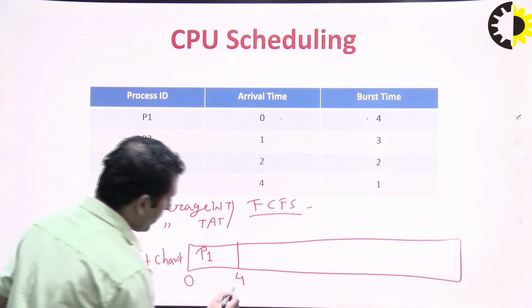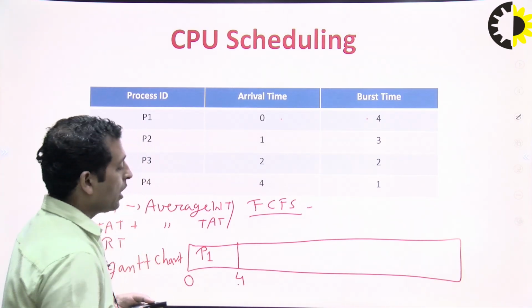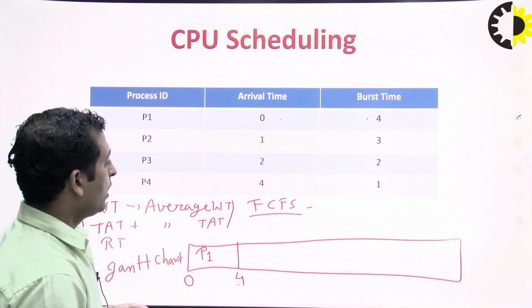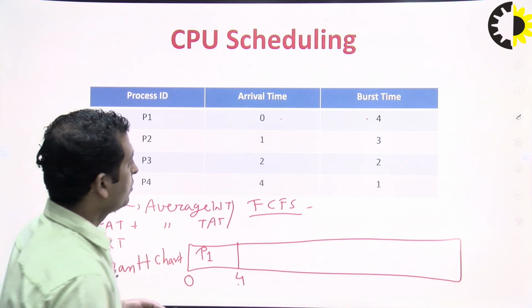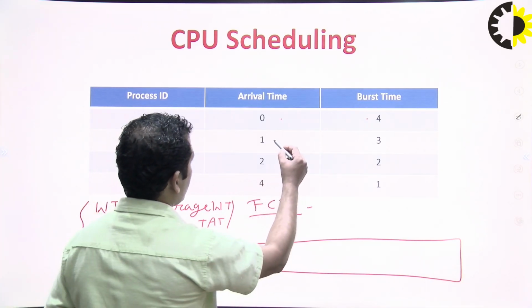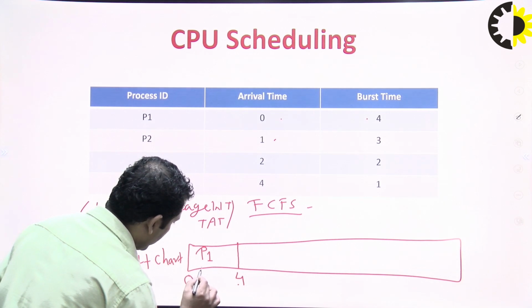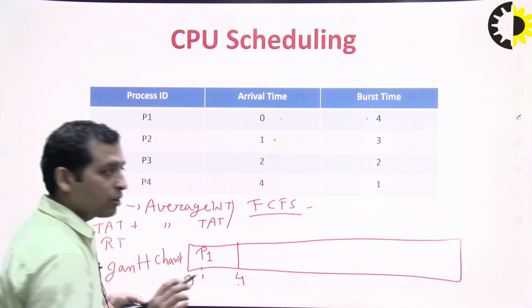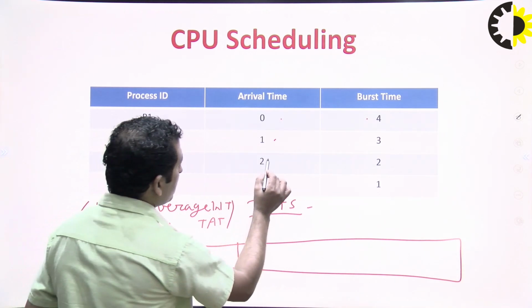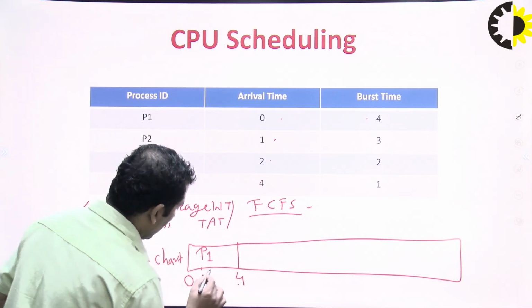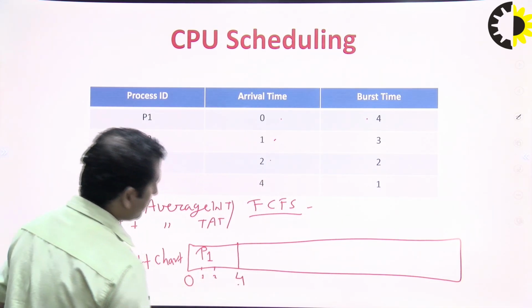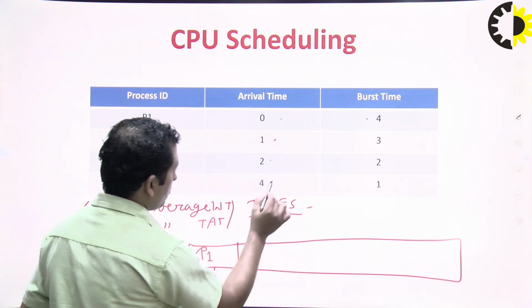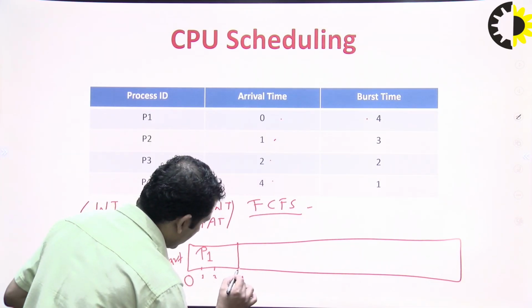Now, at this point, how many processes are in the ready queue? P2 also arrived, P3 also arrived, and P4 also arrived by this point.